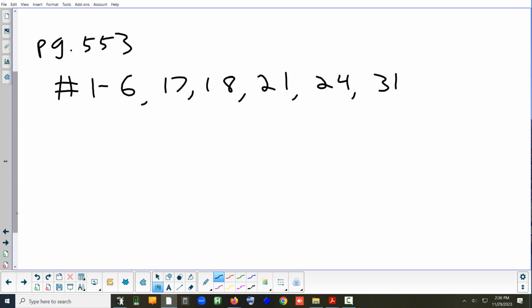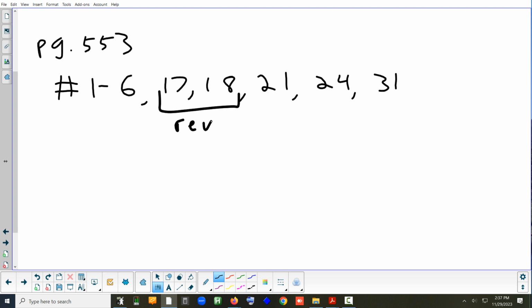Okay, some of it is just saying, here's a matrix, what are the dimensions? You just have to say how many rows and columns. That's like 1 through 6, so you don't have to solve anything. Those are very simple. 17, 18 are actually review questions from yesterday.